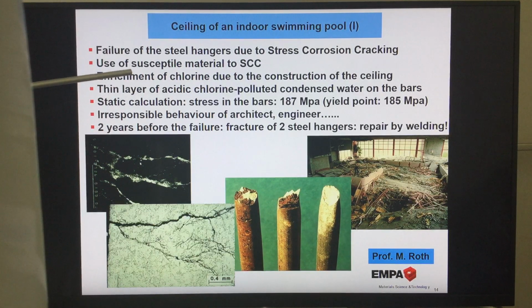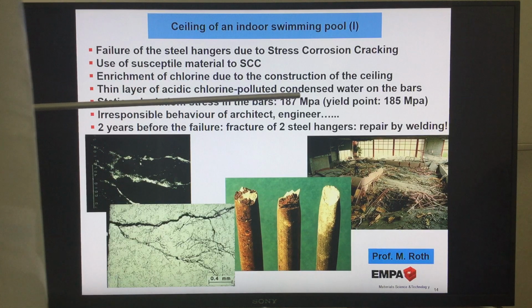Then we have seen there is an enrichment of chlorine due to the construction of the ceiling. And then we found a thin layer of acidic chlorine-polluted condensed water on the bars all the time for 13 years.